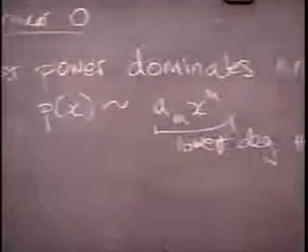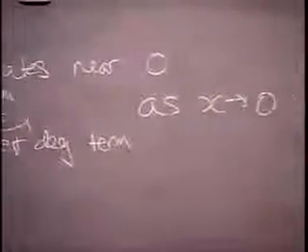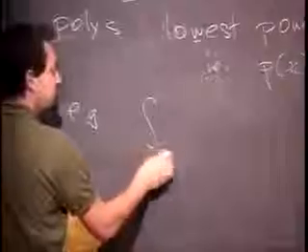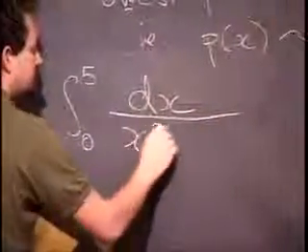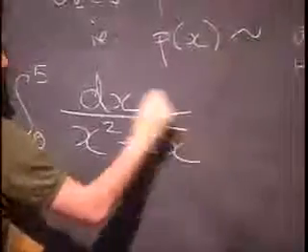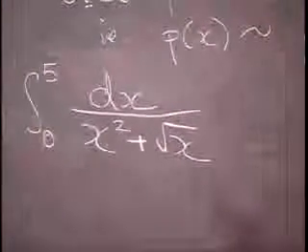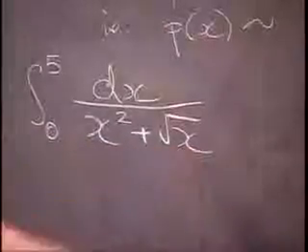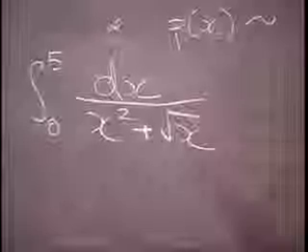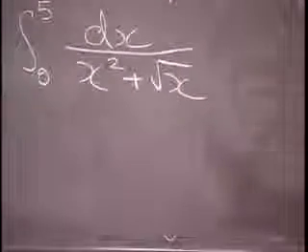Why is that true? Well, let's look at an example and we'll get an idea. Consider the integral from 0 to 5 dx over x squared plus root x. So what are the powers on the bottom here? You have x squared and you have x to the 1/2. So which one is more important at 0 or near 0? X to the 1/2.